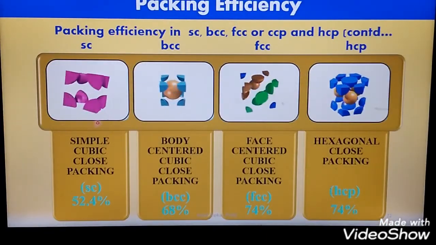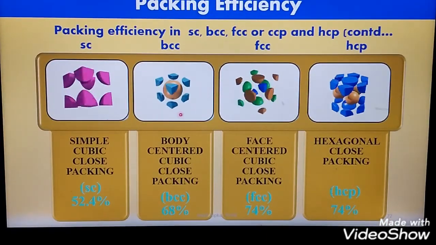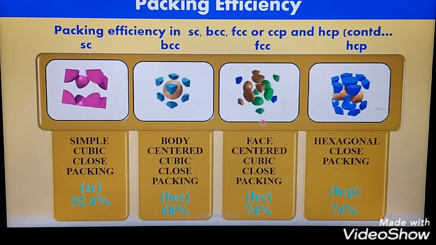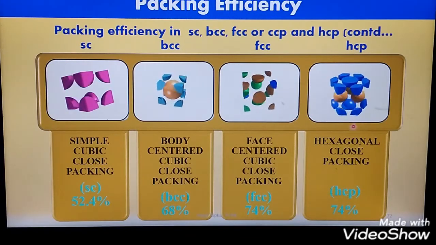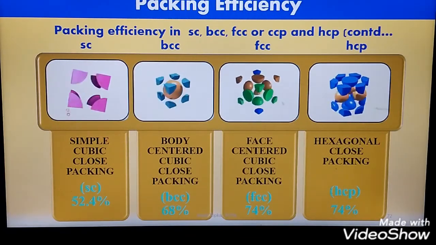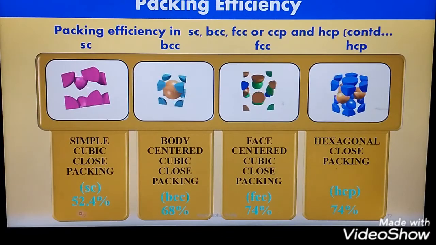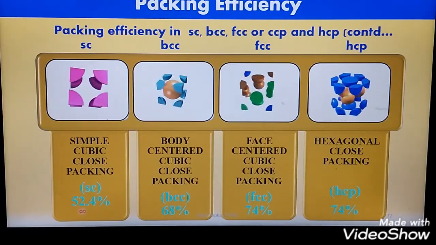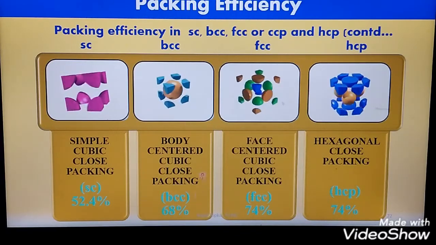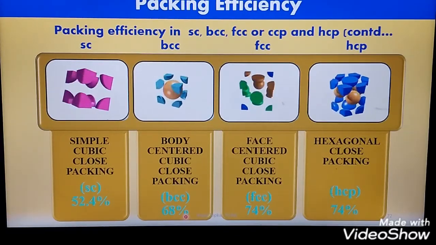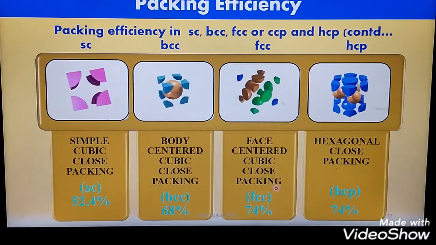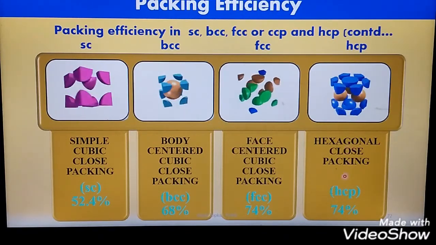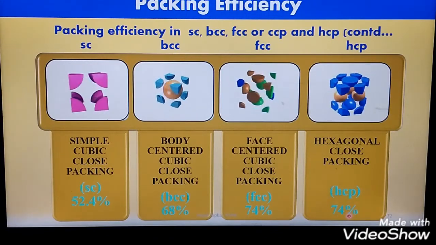So this is simple cubic packing. This is body-centered cubic packing. This is face-centered cubic close packing, and this is hexagonal close packing. So packing efficiency, as you have already learned, for simple cubic it is 52.4%, whereas in body-centered cubic it is 68%, in face-centered cubic it is 74%, and in hexagonal close packing it is again 74%.